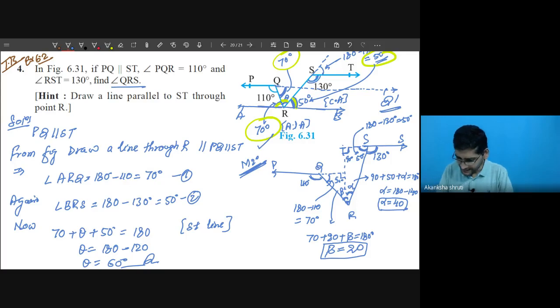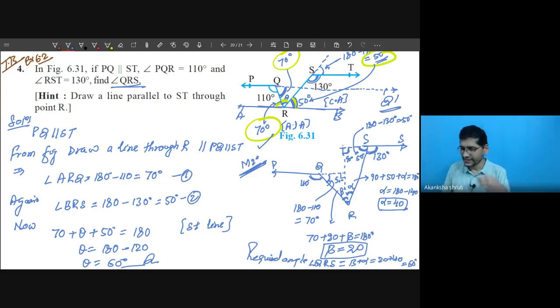The required angle, angle QRS, is beta plus alpha. 20 plus 40 is also 60 degrees.